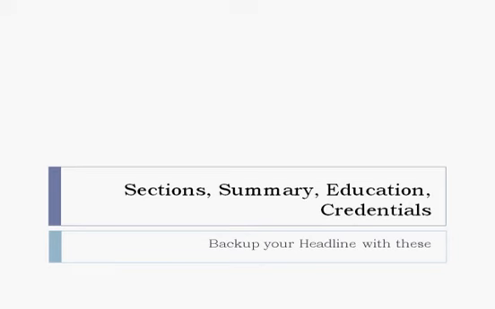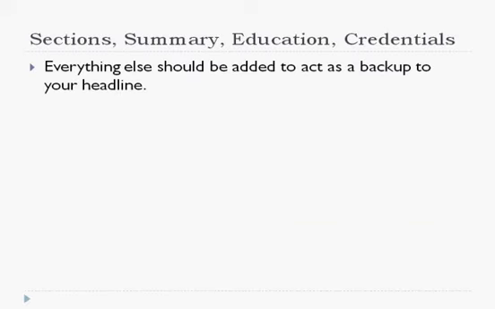If you're trying to reach somebody who is interested in hiring you as an internet marketing consultant, then you probably want to keep everything focused on that and try to avoid going too far away from that subject matter. So everything else should be added to act as a backup to your headline.